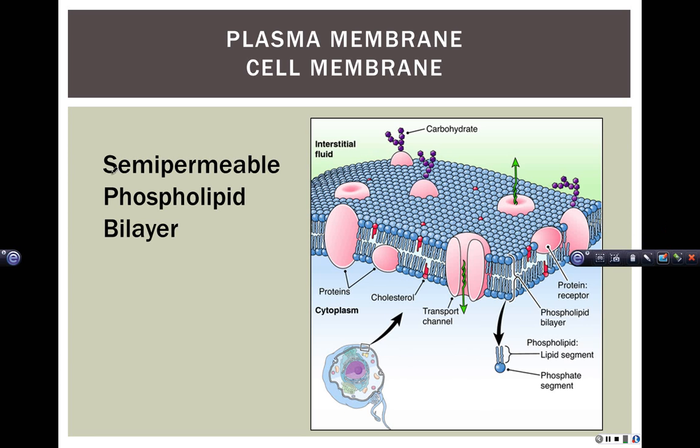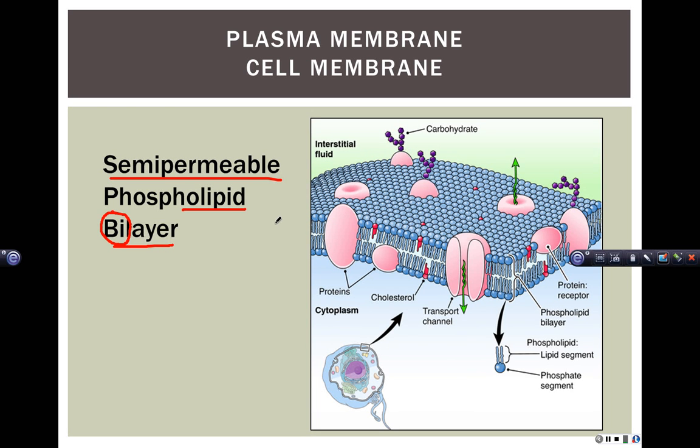So first of all, starting off basic, semi-permeable means that some things can get through. And phospholipid refers to molecules that have fats in them. They have a phosphate side and a lipid side, and these arrange themselves in a bilayer, which bi means two.